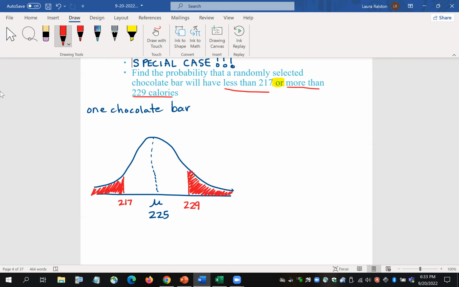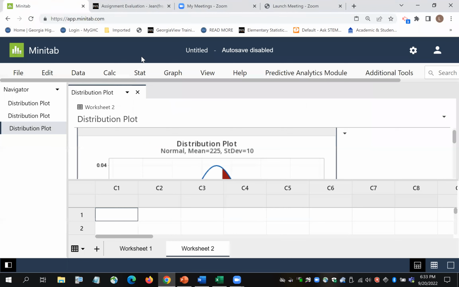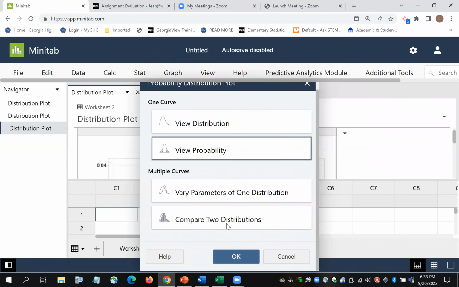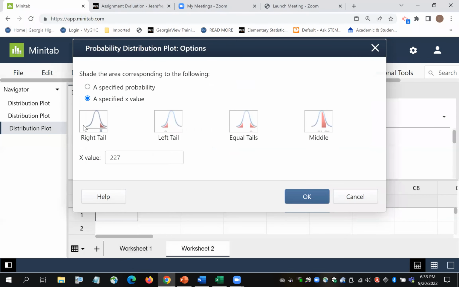And honestly, I guess there's two ways you could do it in Minitab. I demonstrated what I view as the easiest. Now, if you look at your options in Minitab, there are 4 of them. Right tail, which is greater than, left tail, which is less than, middle, which is the between.